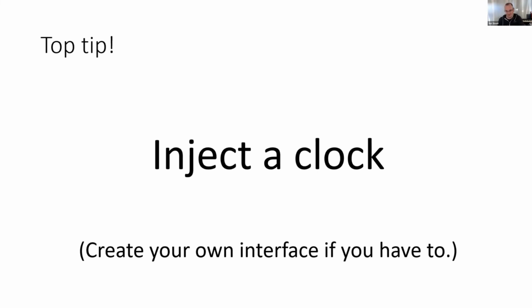And use that everywhere. So if you are using System.currentTimeMillis, or in .NET DateTime.Now or DateTime.UtcNow, your code is really hard to test. And if you're not writing any tests, that's fine. I would encourage you to write tests.